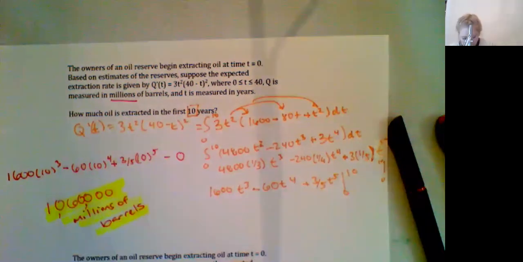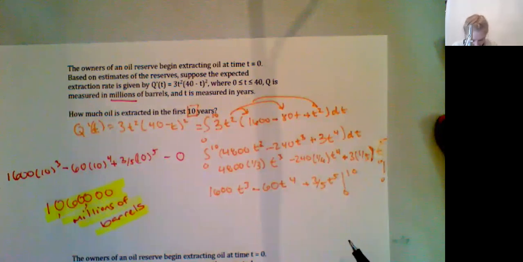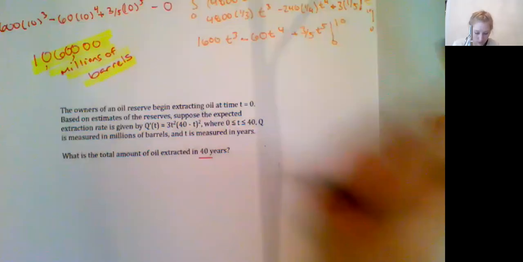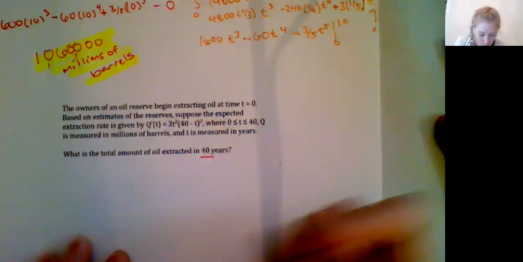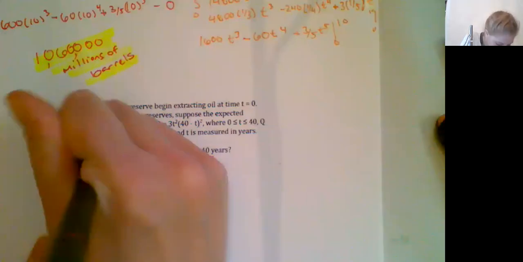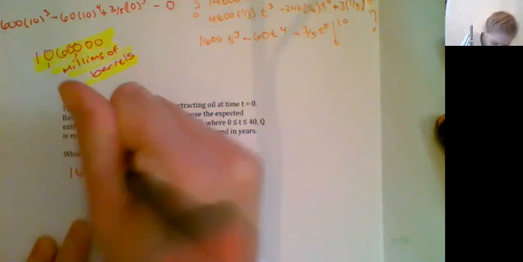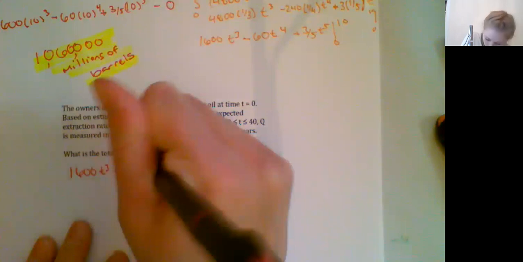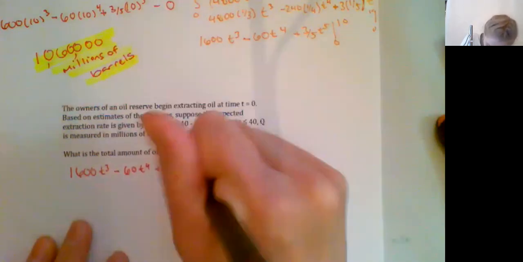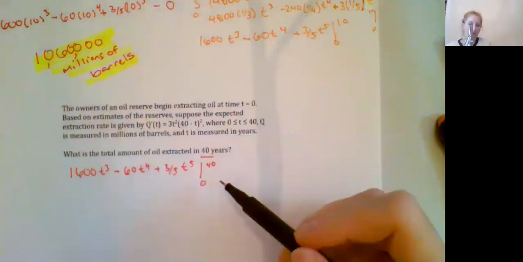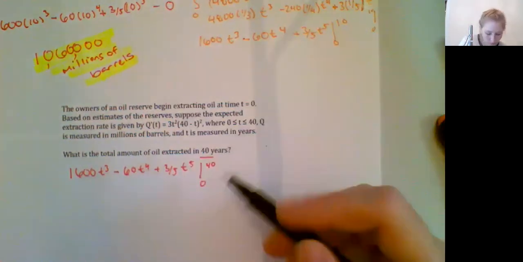The next one wants us to find how much oil is extracted after 40 years. Essentially, I'm going to be using the same equation, but instead of evaluating it at 10 and 0, I'm going to have 40 and 0.